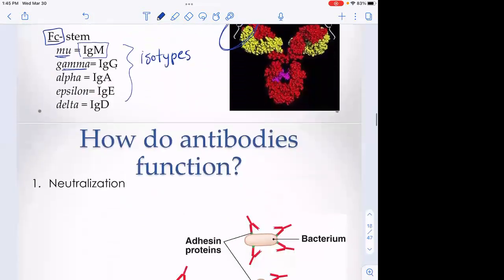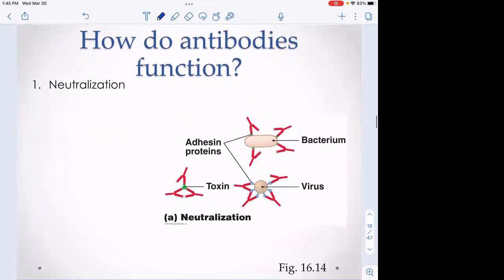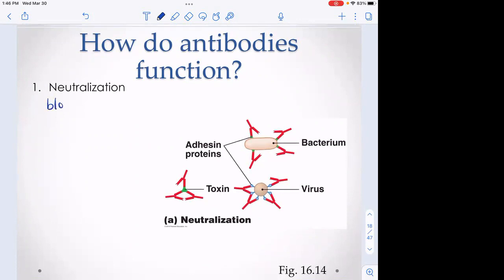All right, so what do they actually do? Okay, 5 different functions. One major function we just sum up and call neutralization. That just means that the antibodies are going to block adhesion molecules on either the cell surface or the virus.